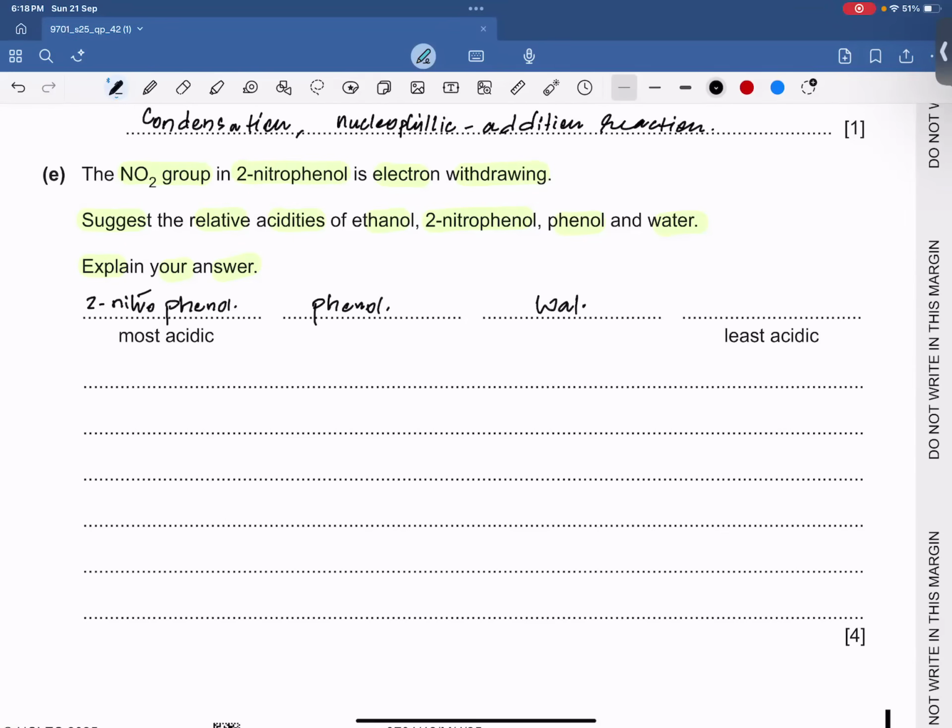Then water, because it does not have a positive inductive effect. And then ethanol. Ethanol is the weakest one because it exhibits a positive inductive effect, and that positive inductive effect decreases the ionization of hydrogen in water. All right. So 1 mark is there and the remaining 3 marks are for the explanation. Okay.